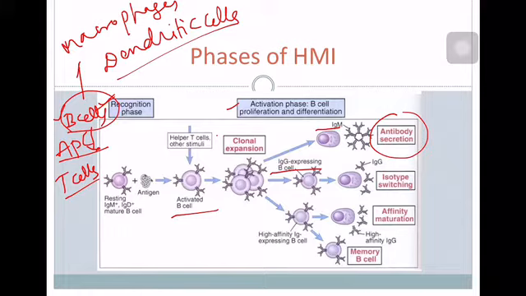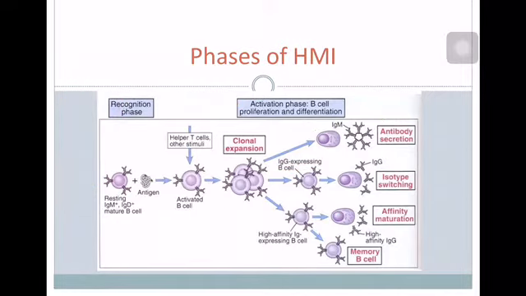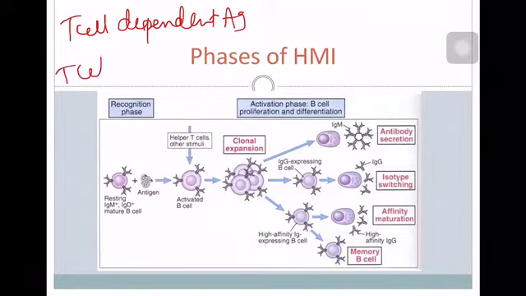Antibody production involves the recruitment of T cells, and that leads to the activation of B cells, which is another way of activating the B cells. The antigens are of two types based on the involvement of T cells: T cell dependent antigens and T cell independent antigens.